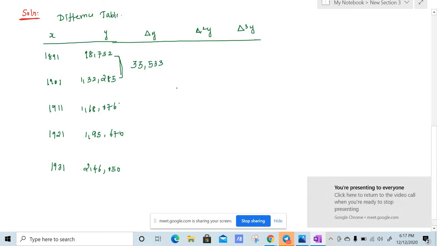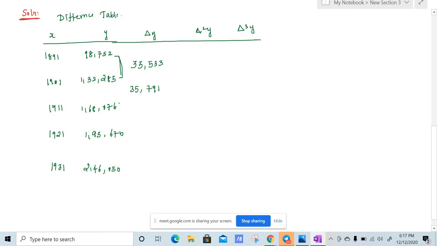So you will have 35,791. And you subtract 1,95,670 minus 1,68,076. So you will have 27,614, and subtract this term and this term, you will have 50,360, right?